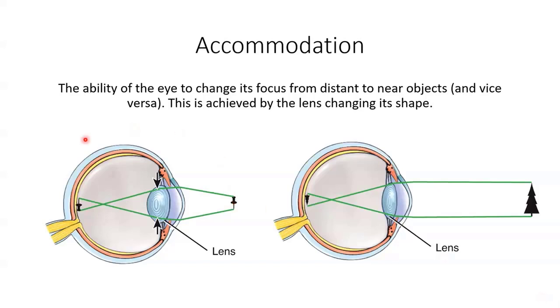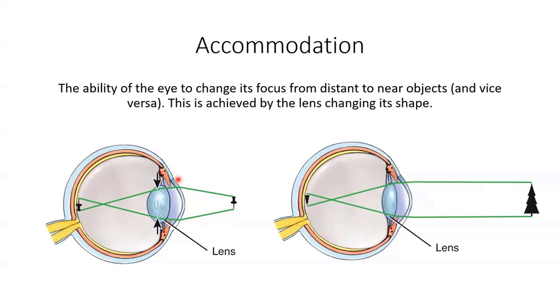If we first take a look at this image on the left, this is a lens that is set up to focus on an image which is up close. When the distance between an object and the eye is short, the lens is round or thicker, and this lessens the focal length.